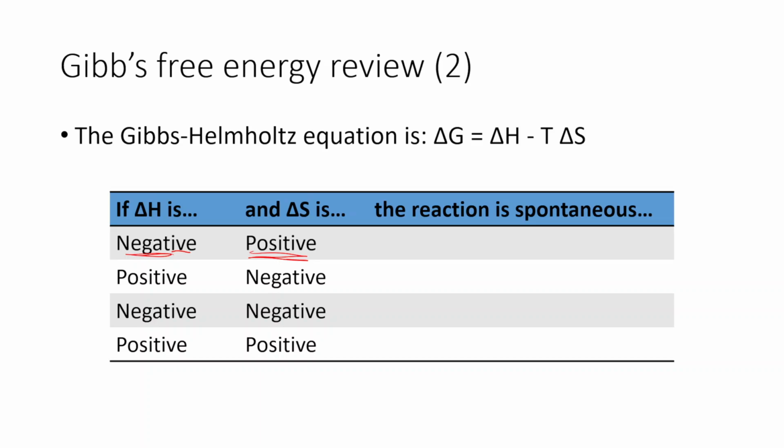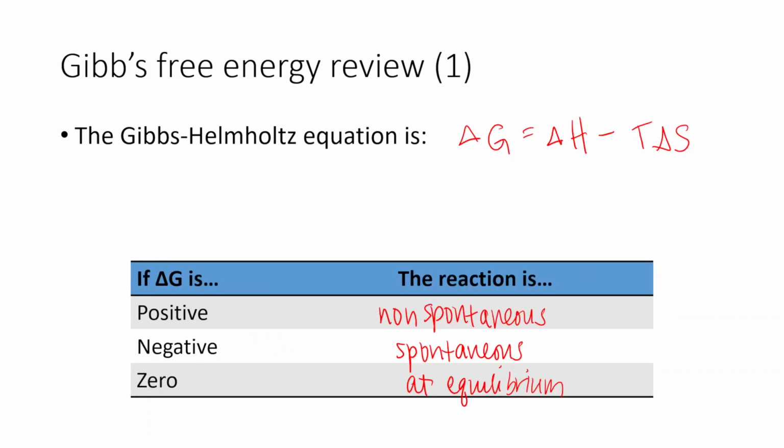Sure, a question on the previous slide: if delta G is at equilibrium, does that mean it's also non-spontaneous? No, because it would have to be positive to be non-spontaneous. You can think of a non-spontaneous reaction as being spontaneous in the reverse direction. A reaction that's at equilibrium is not spontaneous in either direction. There's nothing pushing it in either direction.